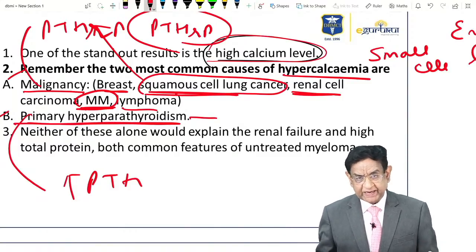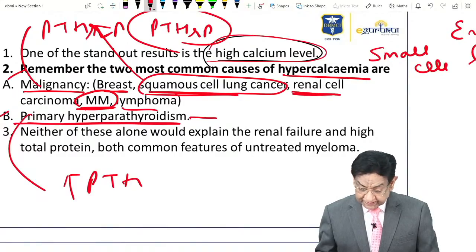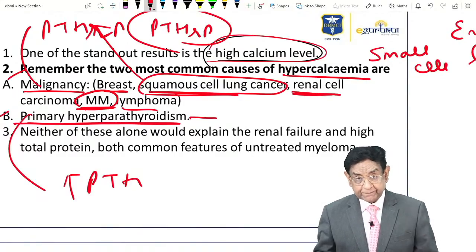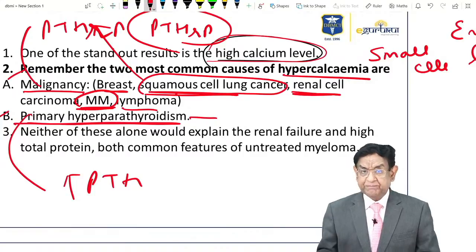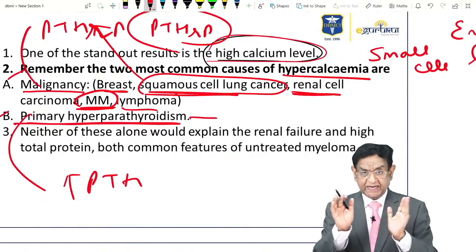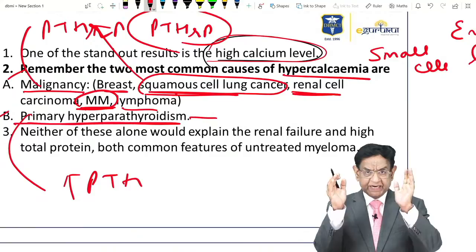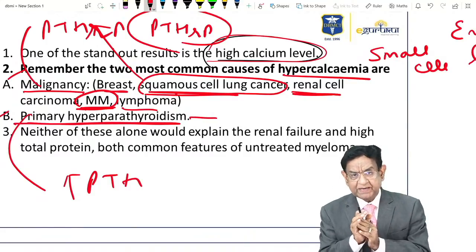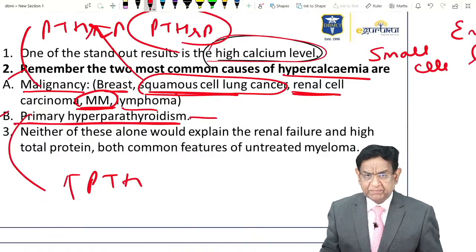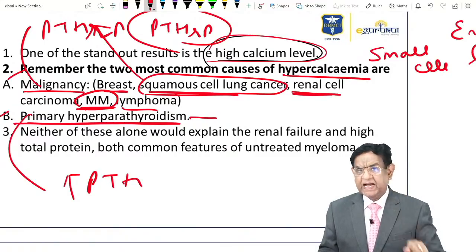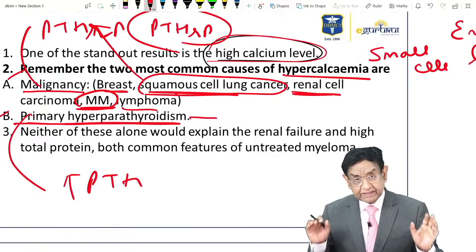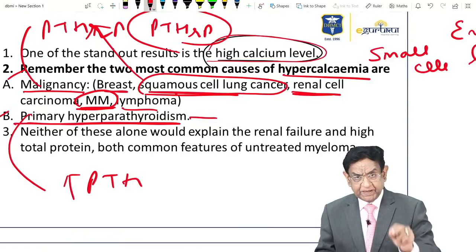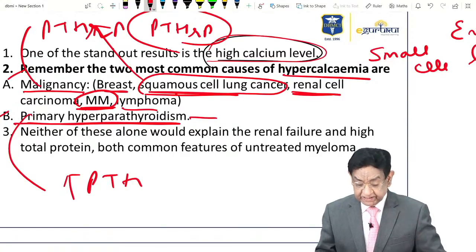In all these conditions, hypercalcemia occurs. That means, as I told you in the very beginning, our discussion is reduced to a limited number of conditions which lead to increased calcium.